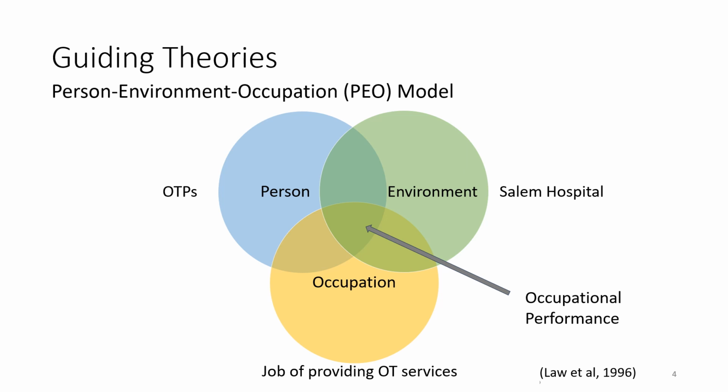In my capstone work, I applied this model by viewing Salem Hospital OTPs collectively as the person, Salem Hospital as the environment, and the job of providing occupational therapy services as the occupation. I aimed to find the best fit among these 3 components with my interventions to maximize occupational performance, which ultimately contributes to my purpose of improving patient outcomes.